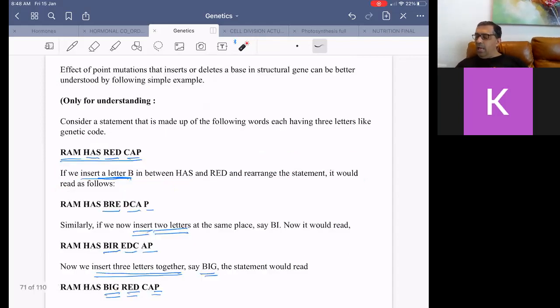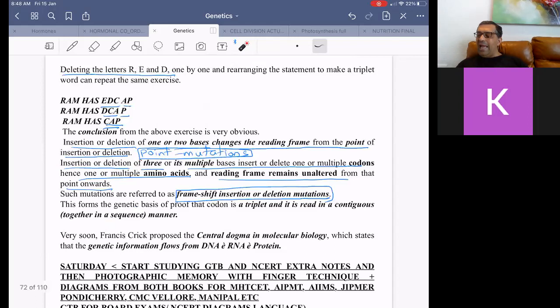Suppose we inserted three letters, BIG, into Ram has RED CAP, so Ram has BIG but RED CAP will remain the same. So one amino acid came, and the remaining sequence remains the same because three nucleotides were inserted. Similarly, from Ram has RED CAP, we removed RED, three nucleotides.